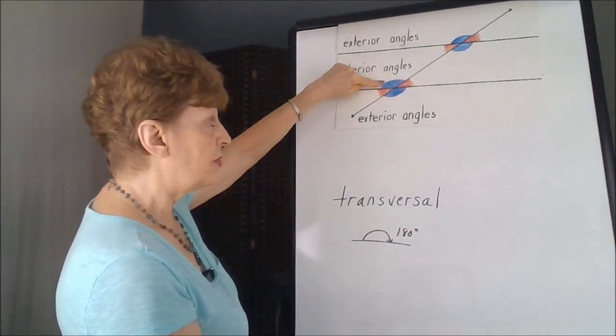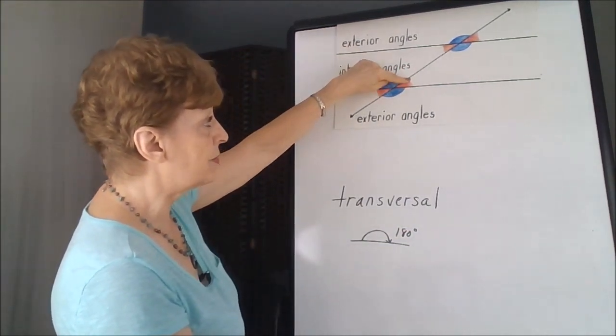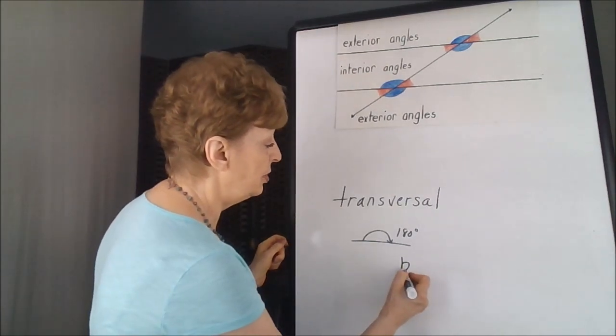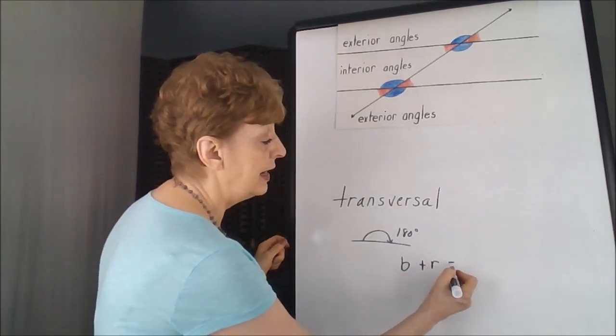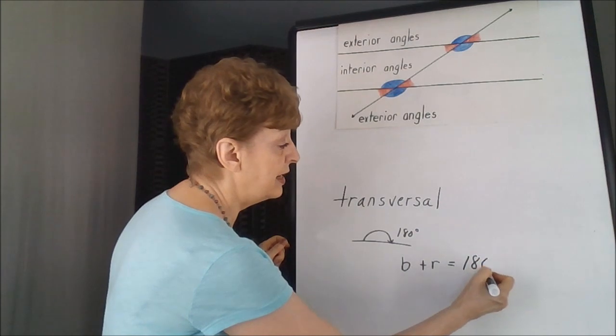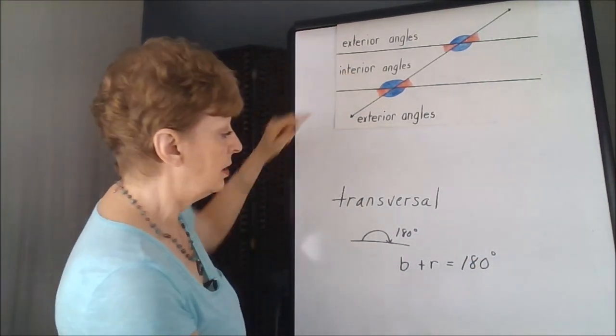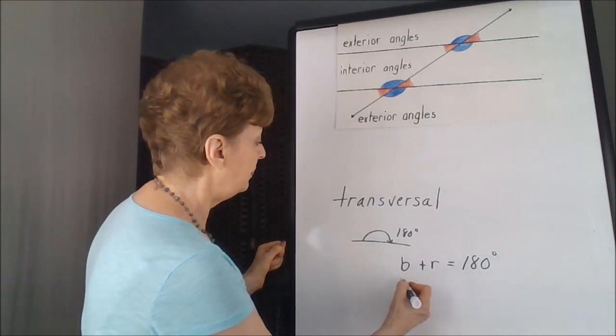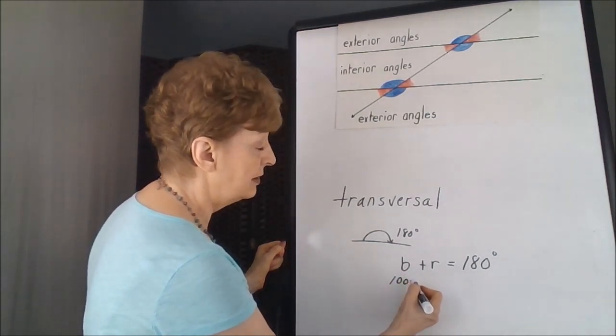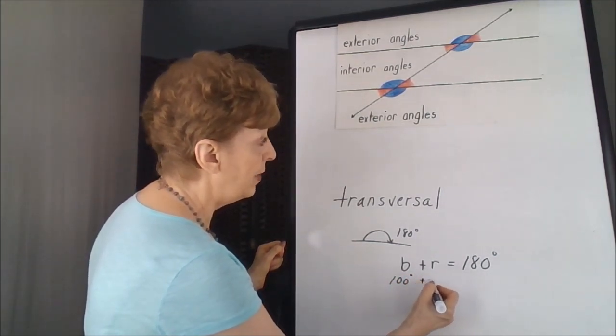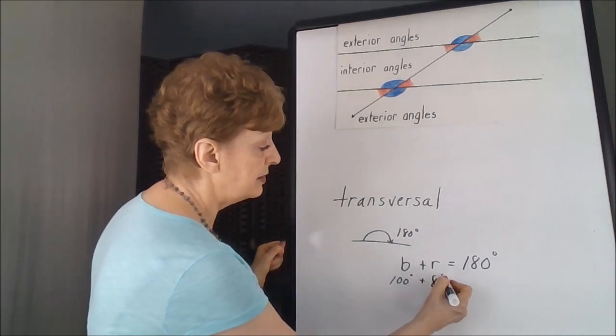So the blue angle plus the red angle has to be equal to 180 degrees. So if we knew that the blue angle was, let's say, 100 degrees, then the red angle would have to be 80 degrees.